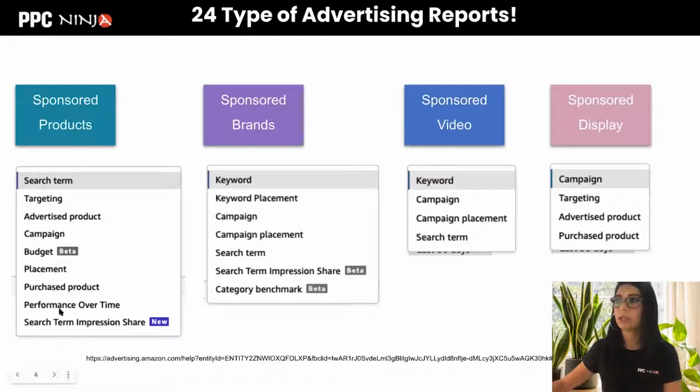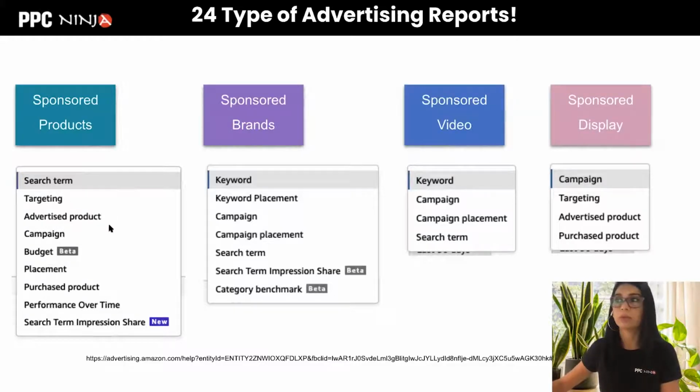But there's also these other types that give you different information, like targeting gives you information similar to search terms, but it doesn't give you buyer searches. It gives you information for each of your targets. So you can look at all the data like impressions, clicks, spend, sales, ACoS, etc. You can see that for every target on Amazon.